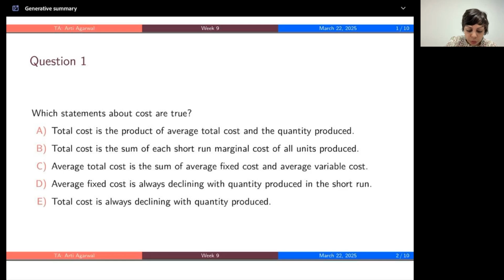So before we go to those type of problems, this is a basic conceptual question in which you're given five statements and you're asked which ones of these are true. So I'll give you a few minutes to read them and think over it and tell me which ones you think are true. And you can type your answer in the chat box if you like.